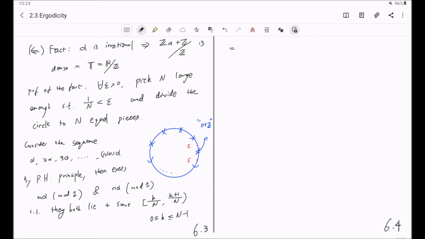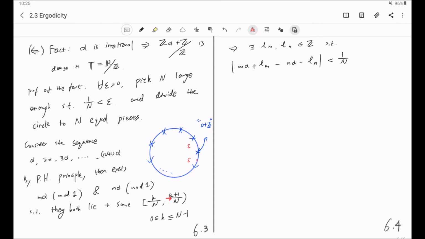And it follows from here that there exist two integers L sub m and L sub n such that the absolute value of m alpha plus L sub m minus n alpha minus L sub n is less than 1 over n.